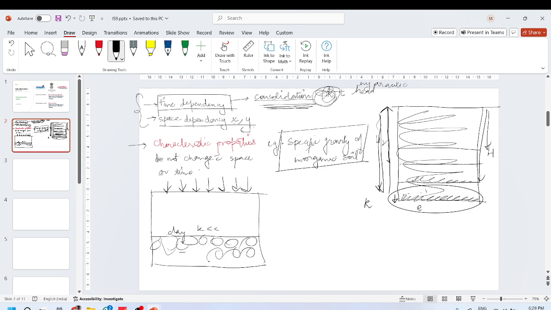You have these soil contact spaces on which the load will act directly. So the load transfer mechanism in the soils is through the grain to grain contact.